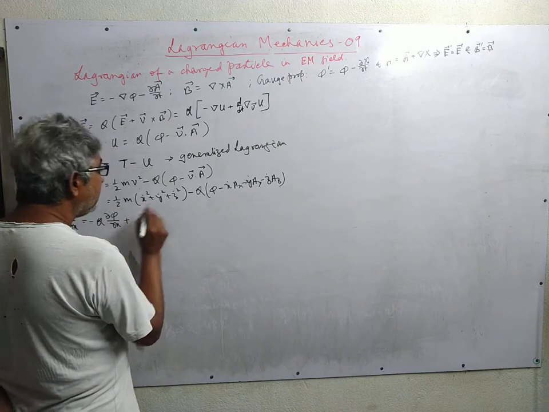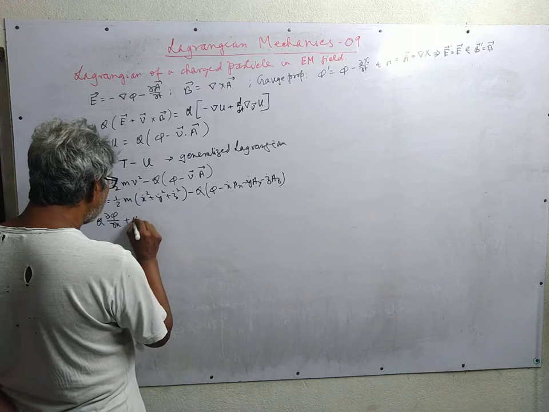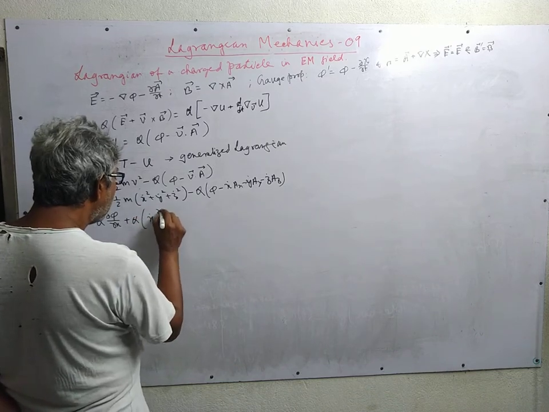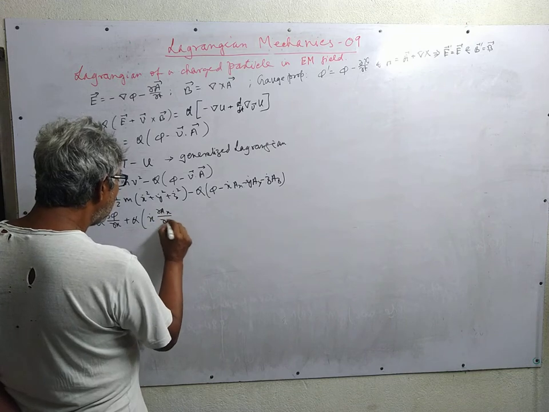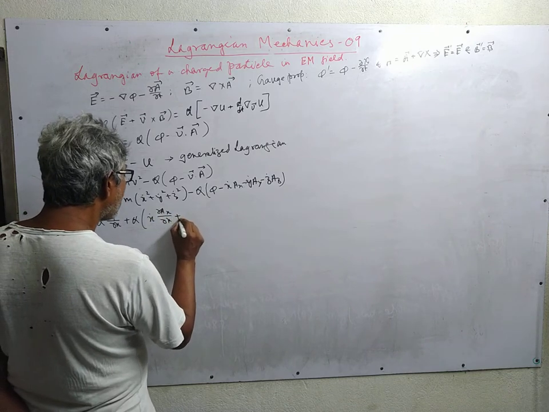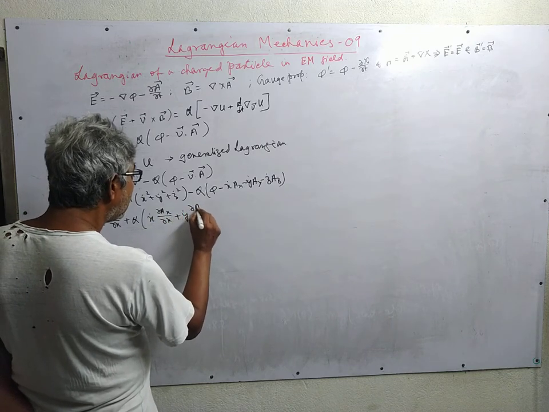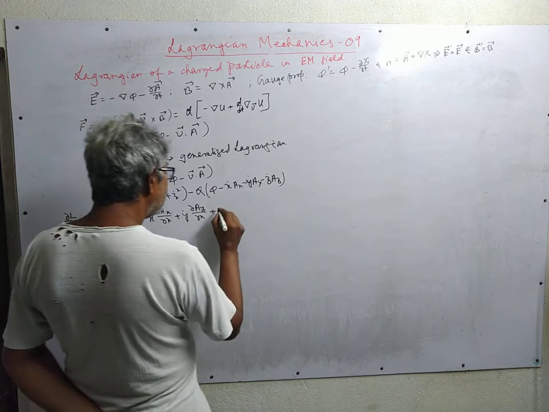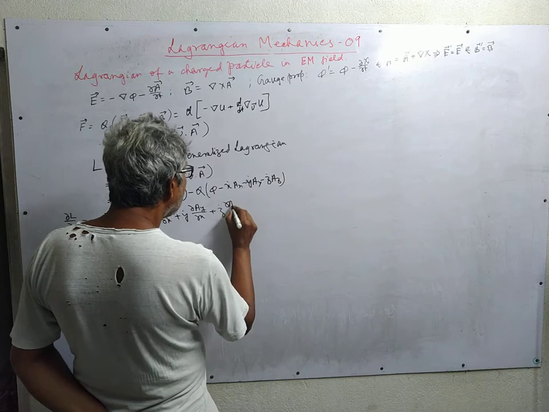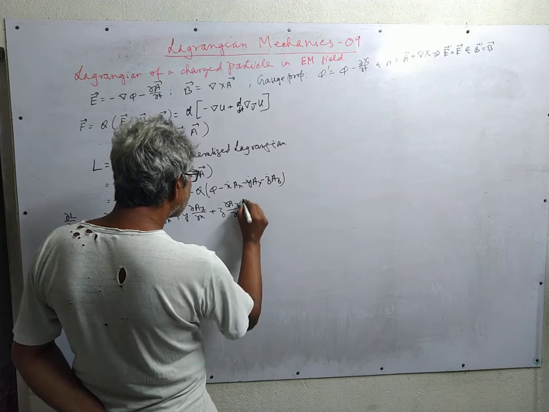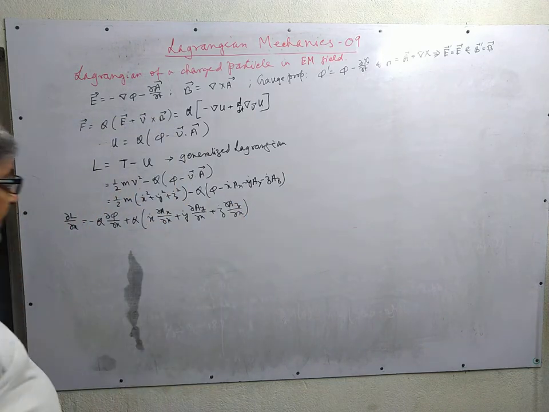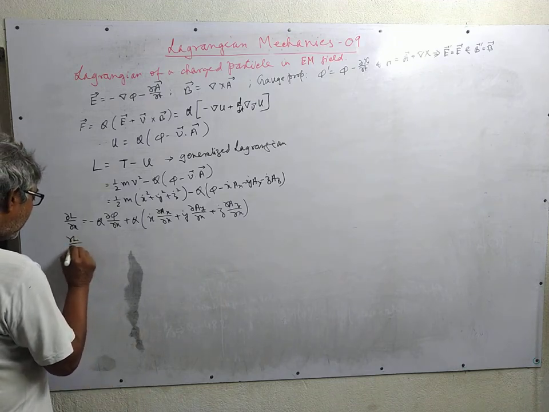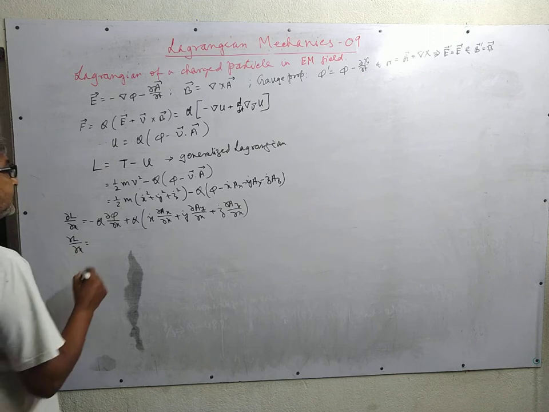So this sign is plus q times x dot del A_x del x plus y dot del A_y del x plus z dot del A_z del x.